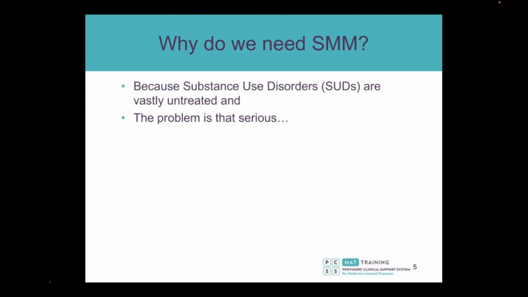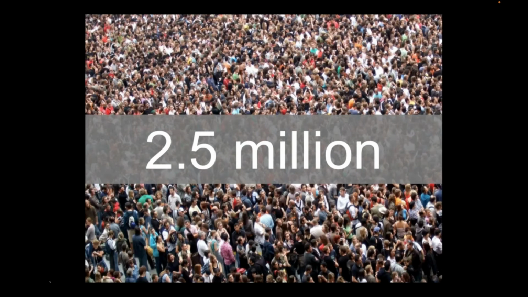Why is it important? Well, we'll ask you to reflect on that, but what our colleagues are thinking is that substance use disorders are vastly untreated, especially opioid use disorder, and the problem is that serious. 2.5 million people are thought to have opioid use disorder in our country.